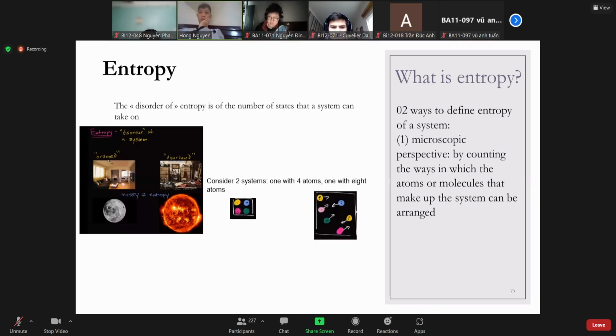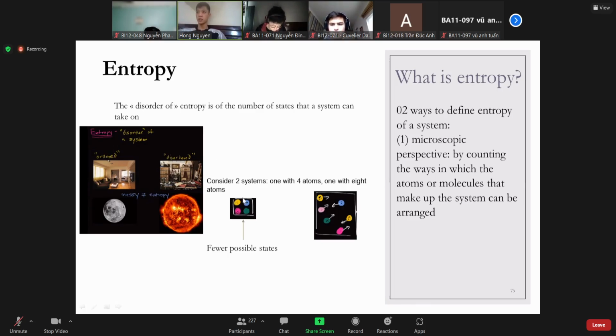Here, for a system of 4 atoms, for sure we will have fewer possible states than a system having 8 atoms, right?